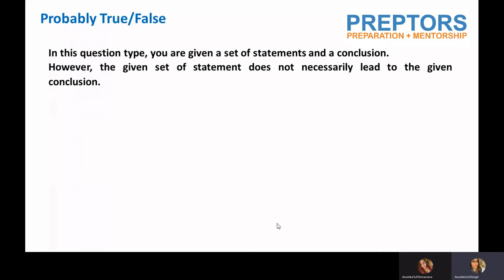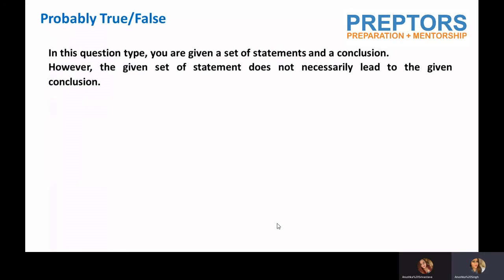However, the given set of statements does not necessarily lead to the conclusion, right? Whichever set of statements is given, it is not definite that it would lead to the given conclusion. So the conclusion that I will be deriving would be a plausible one.